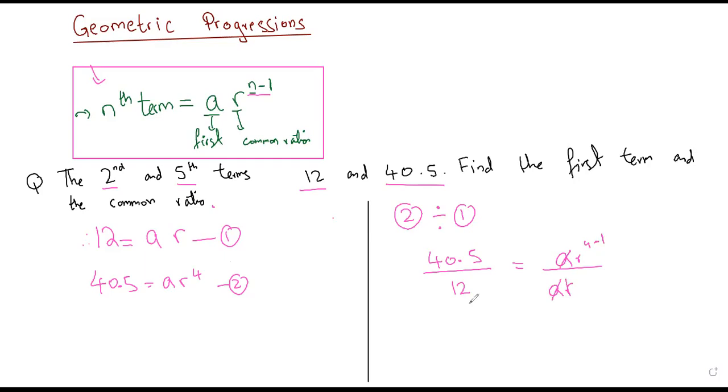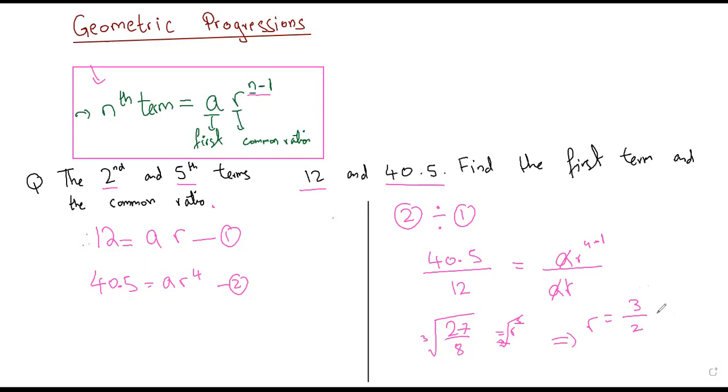So 40.5 divided by 12, 27 by 8 equals r cubed. I'll take cube root on both sides, and finally, I am going to get r equals 3 by 2. So r has turned out to be 3 by 2.